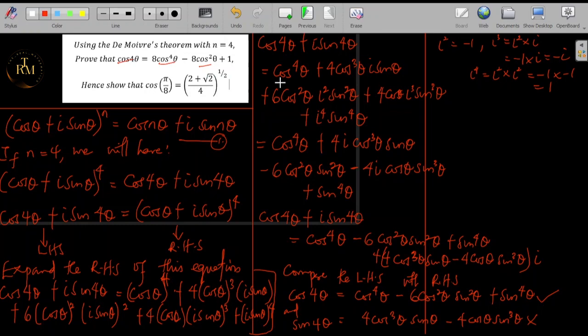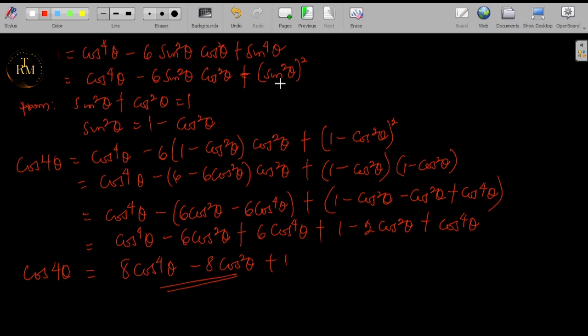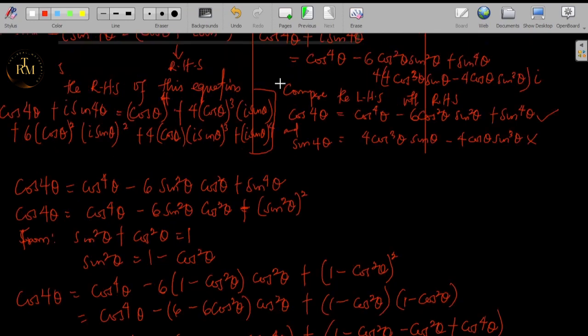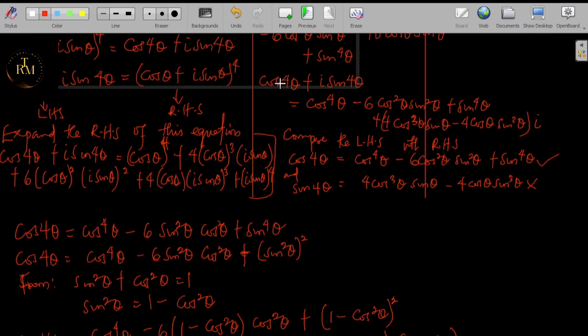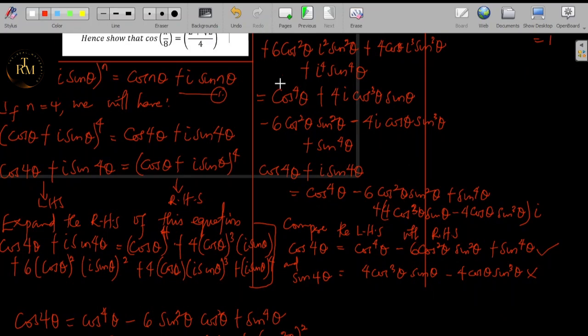And so I'm going to leave us now, and in the next chapter, we're going to take the next question, so that we can actually go through this and digest this, because we still have one more question to solve here that says we show that cos pi over 8 equals that sort of expression you have on the right hand side. So we're going to do that in the next video.